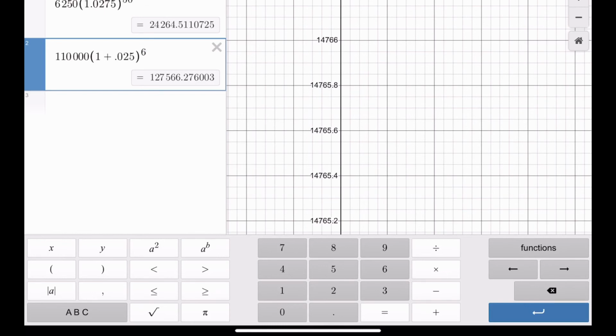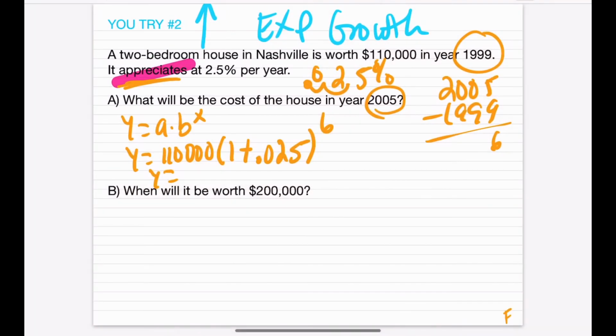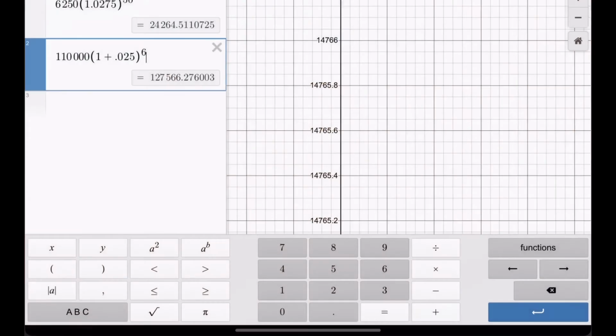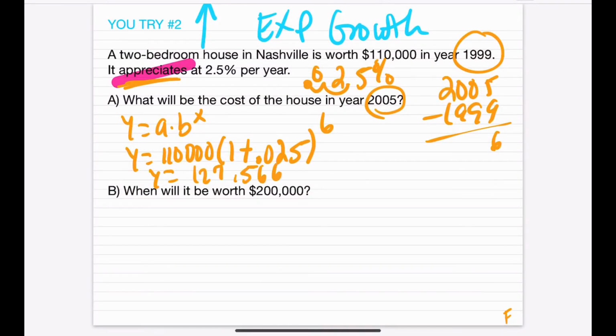So we round that to the nearest whole number. It is 127,566. So the value of the house 6 years later went up to 127,566.